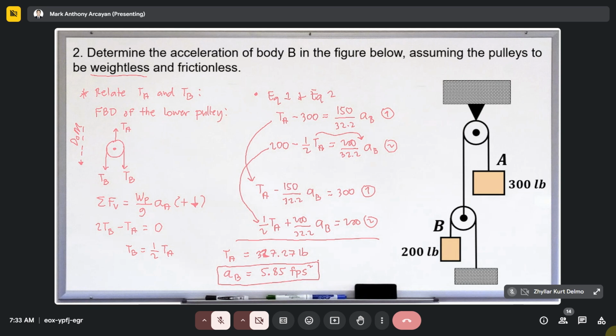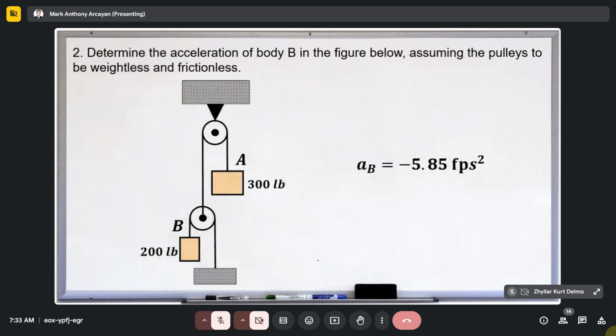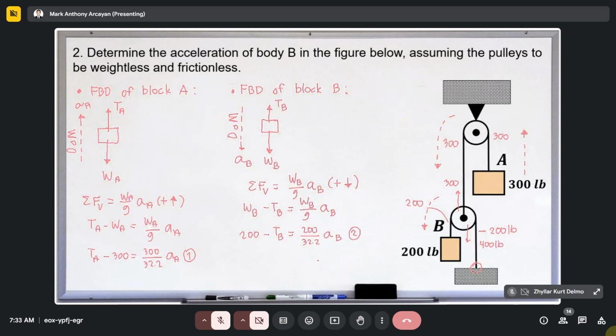And I think the answer that I've shown here for aB, it's negative because last time we assumed that block A can pull block B upwards. But as we perform static analysis, the truth is block B can pull block A in the opposite direction.